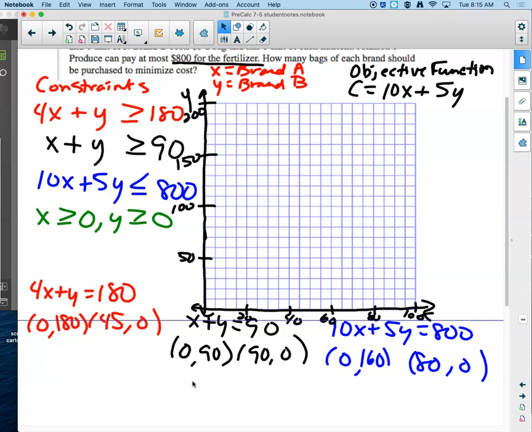And now we start graphing. So we know we're in first quadrant, but color code, this is really important because we're going to have to find these intersections later. So color code. For my red one up here, I've got my 0, 180, and 45, 0.